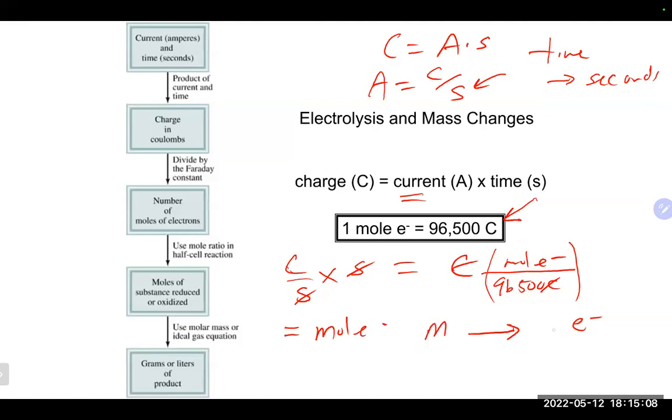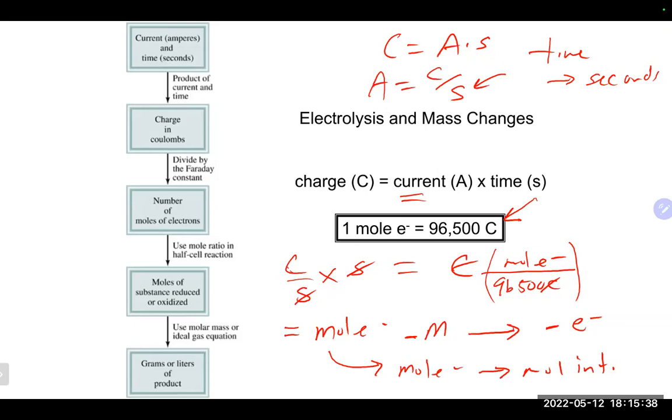You would do a mole to mole relationship between these from the half reaction, and that will take you from moles of electrons to moles of whatever you're interested in. At that point, you usually have two options in these types of problems. The first option is they want to know, for example, how many grams you may collect. So once you get the moles of the element you're looking at, you could use the molar mass to convert it into how many grams that would be.